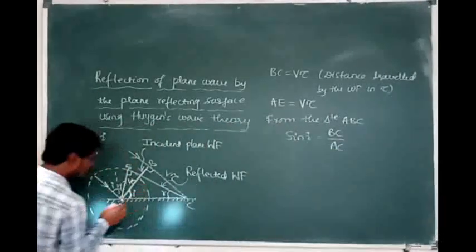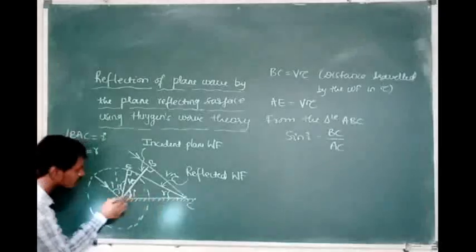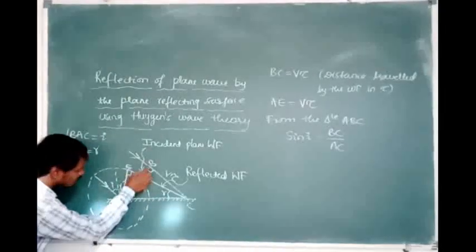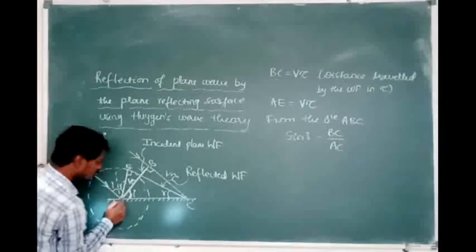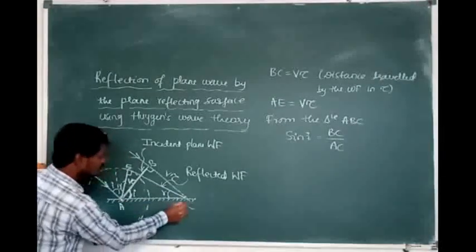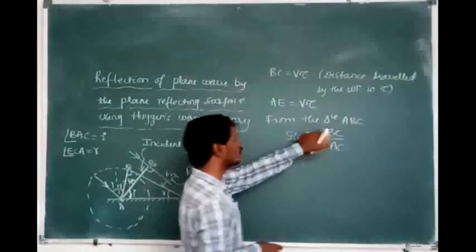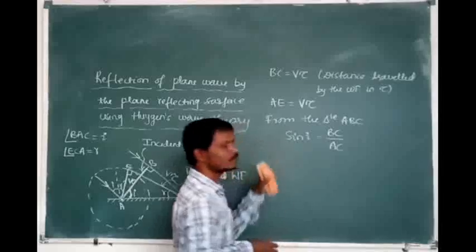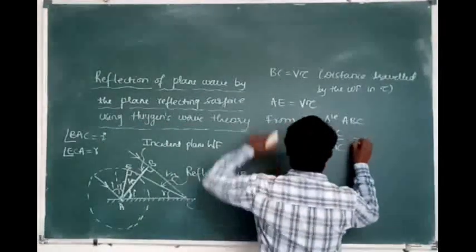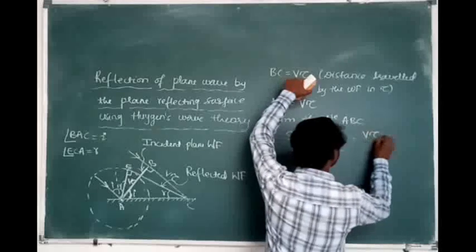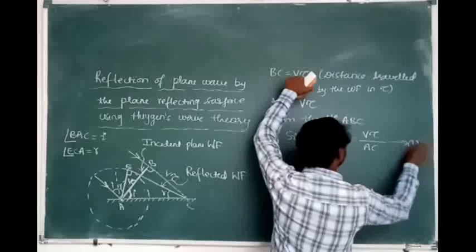See here in the triangle ABC, BC is the opposite side to the angle of incidence, BA is the adjacent side, and AC is the hypotenuse. Opposite side divided by hypotenuse is the sine. Then BC is V into tau, divided by AC. I will call this equation number 1.